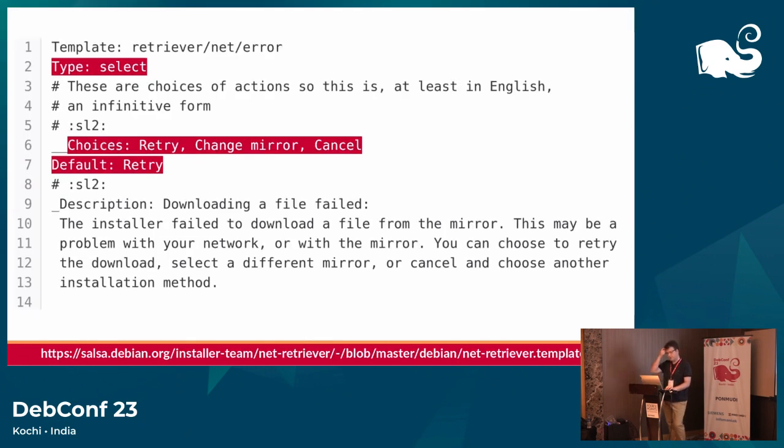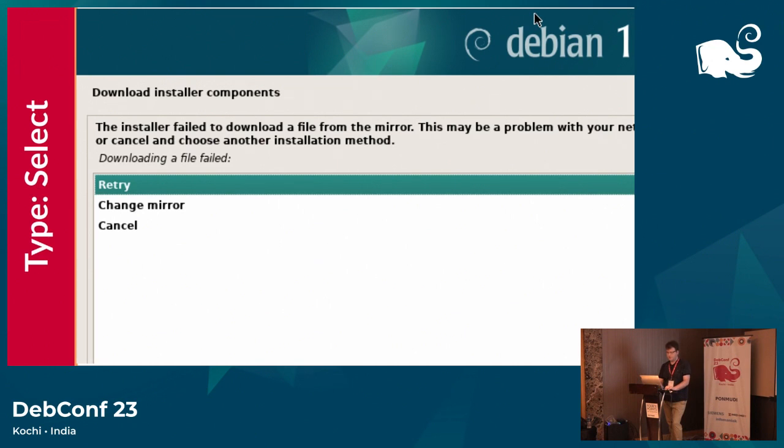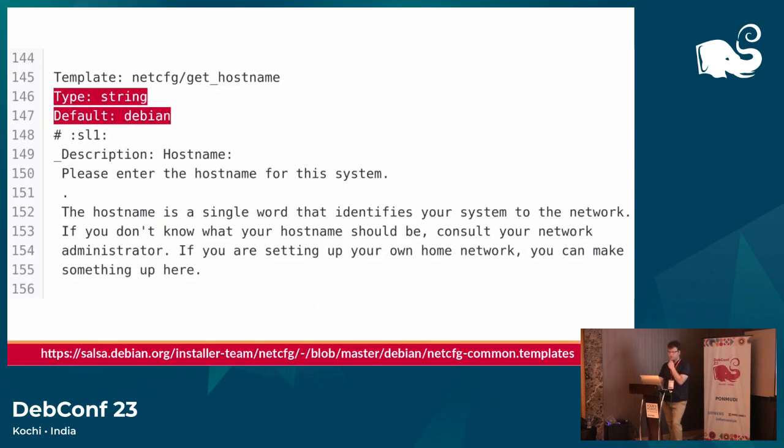You can have a template that has the type select and has choices and a default selection. This is the same one we have seen before, and it shows something like this. This is type select, and you choose one of them, and the rest of the script can handle its output. And there's this string type template.